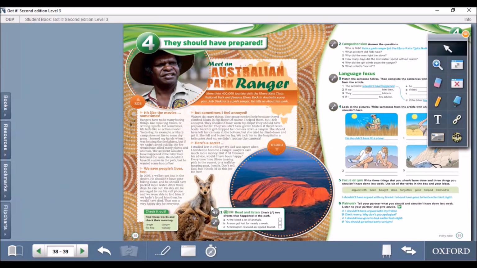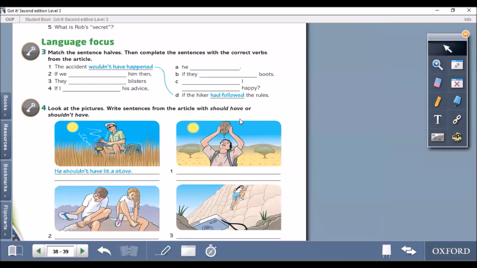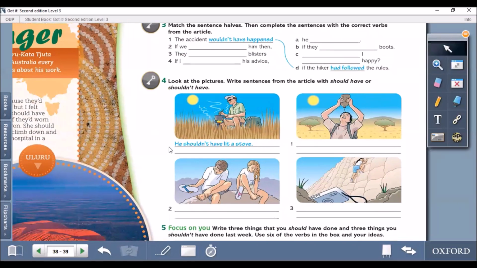Okay. After you do this activity, you have to complete activity number 4. Look at the pictures, write sentences from the article with should have or shouldn't have. And here you have an example. He shouldn't have lit a stove, okay?